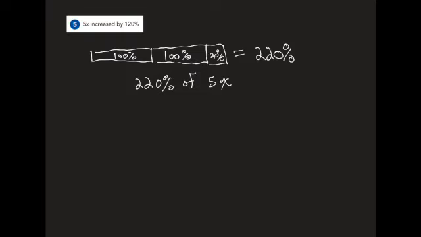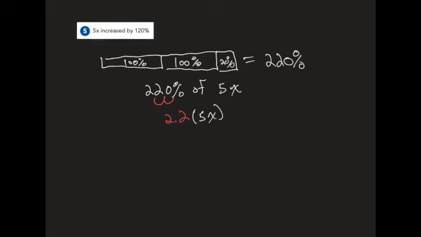So we want to change that to a decimal. So we're going to bring over the decimal point 2 spots. So we get 2.2 times 5x. And when you do 2.2 times 5x, you get 11x.